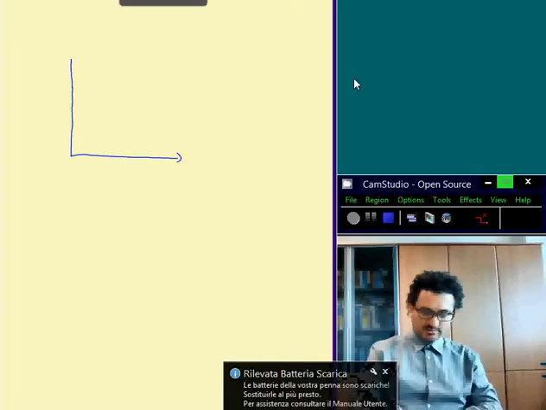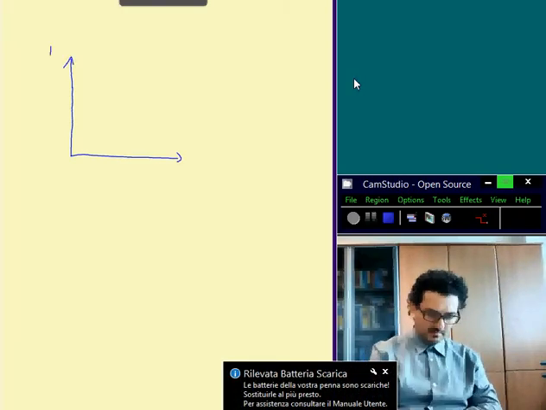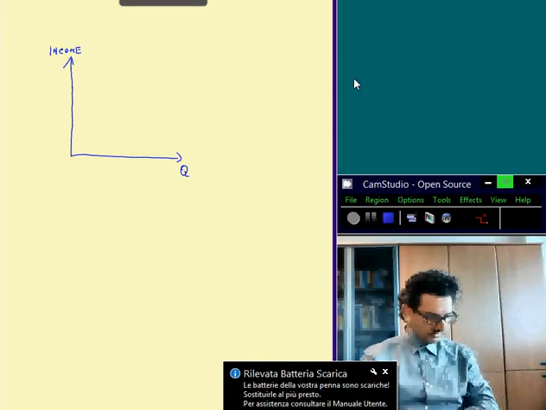In this picture, we have the relation between income and again the demanded quantity.